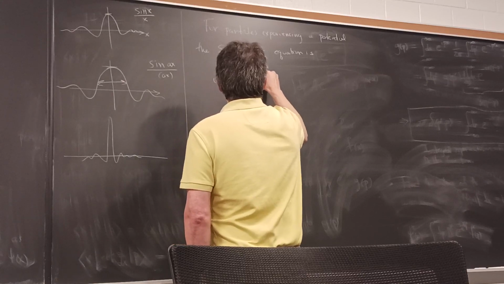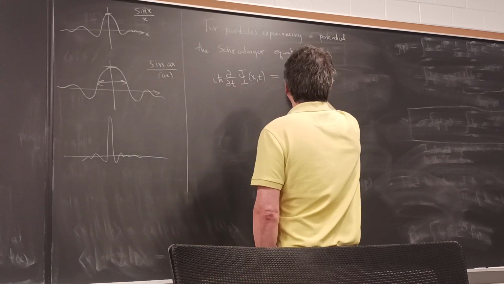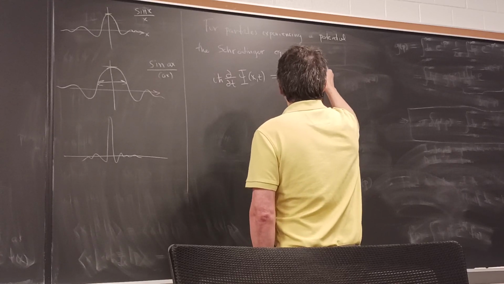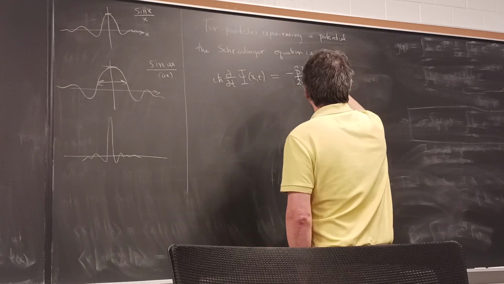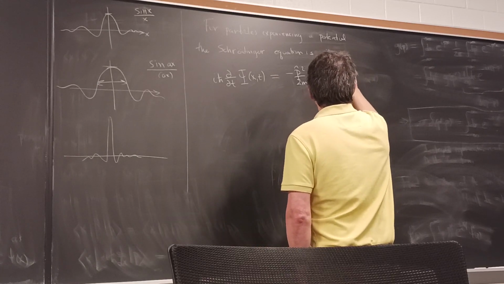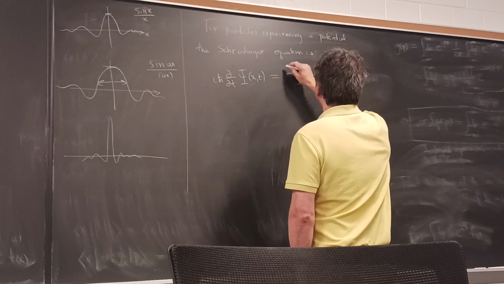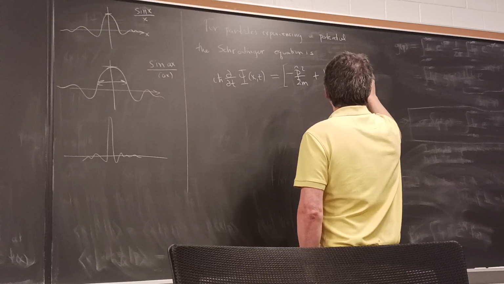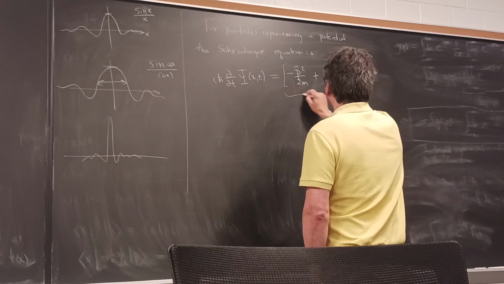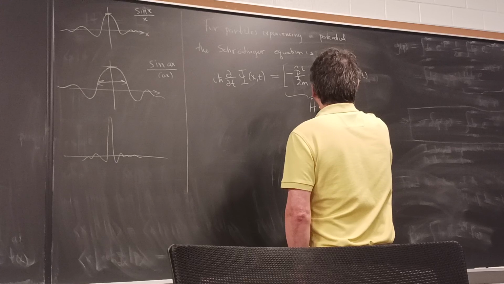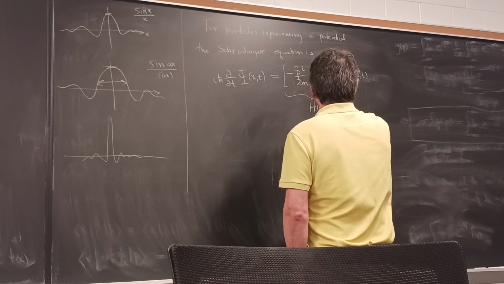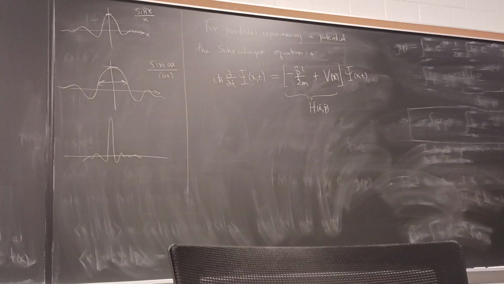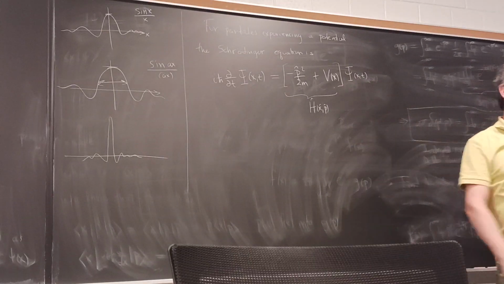We wrote this equation down before, but now I'm going to write it again, where the Hamiltonian is now given, so we now have a potential V of x that might not be 0.